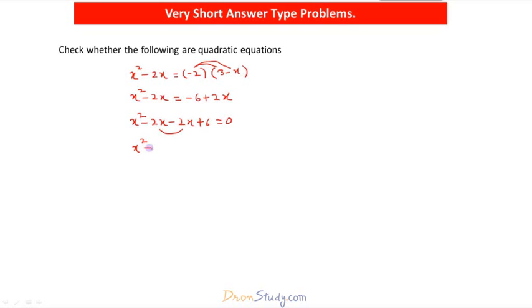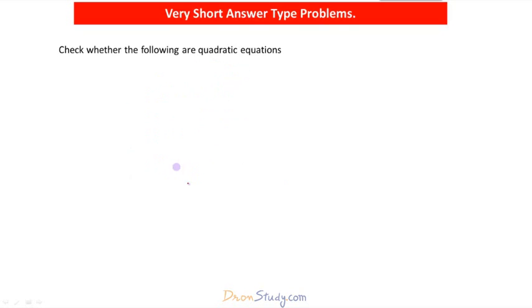So x square minus 4x plus 6 is equal to 0, and since the highest power is 2, we say that the given equation is a quadratic equation. Hence the given equation is a quadratic equation because the highest power is 2.